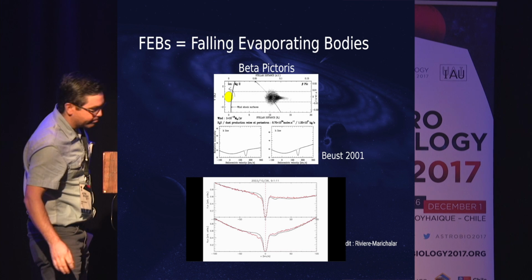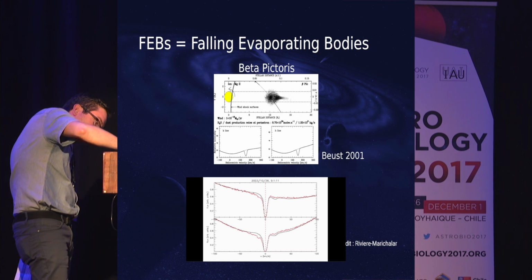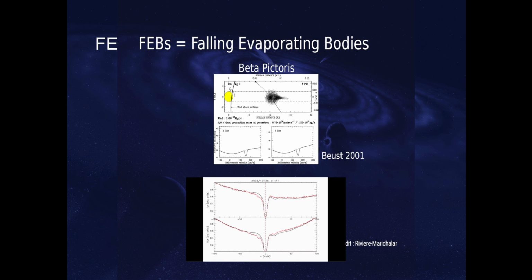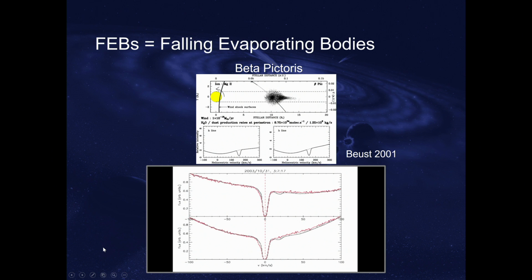Fully evaporating bodies, which are the same as exocomets, were first detected in the Beta Pictoris system, which has a debris disk and a planet. And as the comet approaches the star, it produces these variable absorption features. And as the gas accumulates inside the disk, it will produce a stable absorption at the very same radial velocity of the star. And it's going to be part of the system.